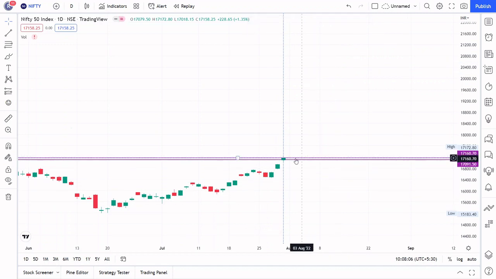One thumb rule is whenever market is above this, stay bullish. When this level is broken, we will become bearish.